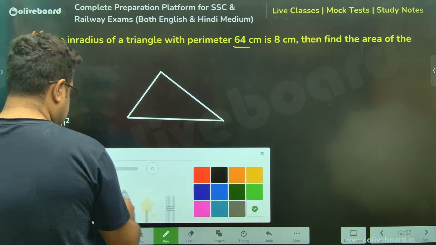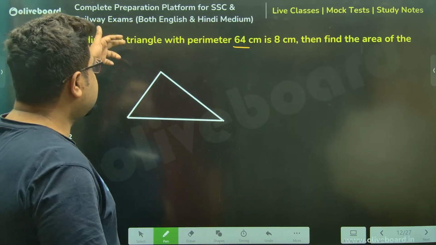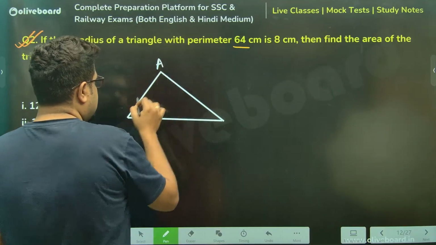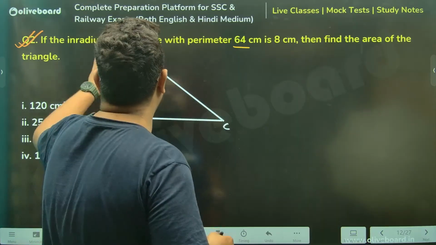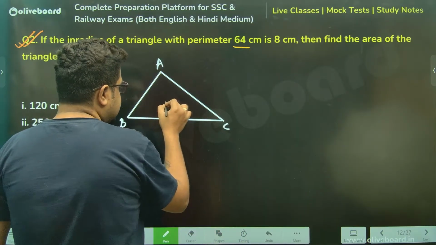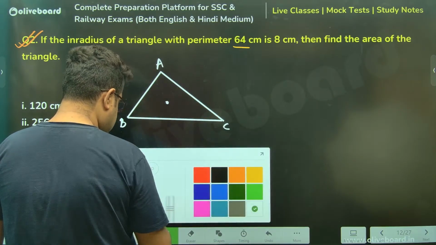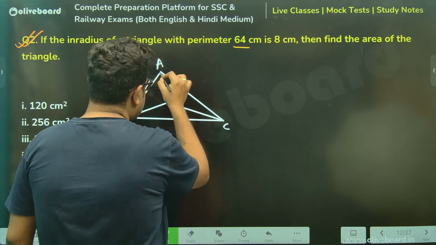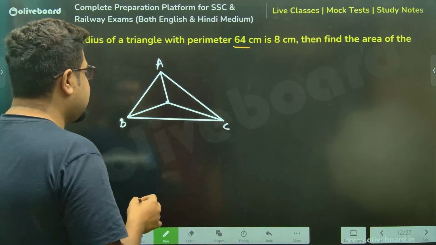Okay? This is your scalene triangle. Inradius is given with the perimeter 64. Sir, please understand what inradius is. Something like this, sir. The inradius is somewhere here.